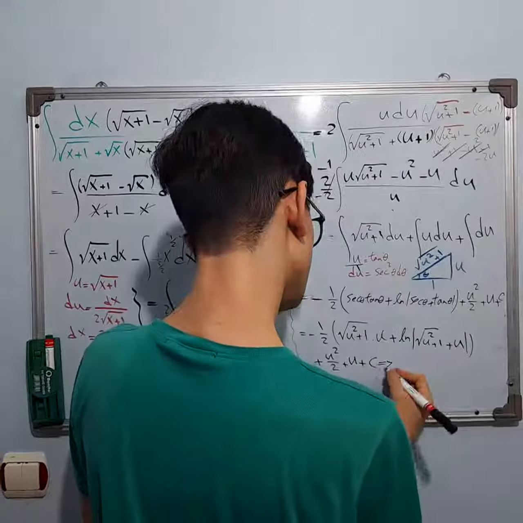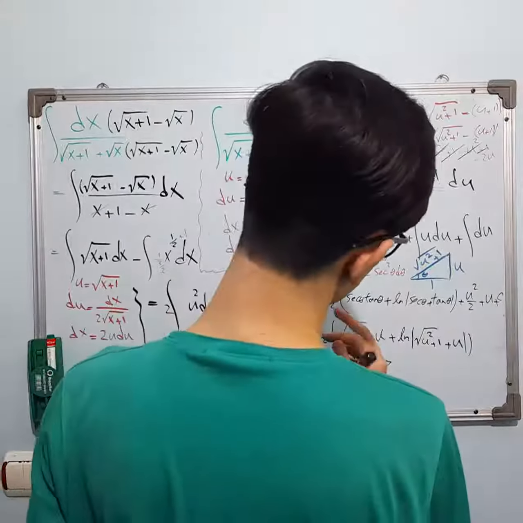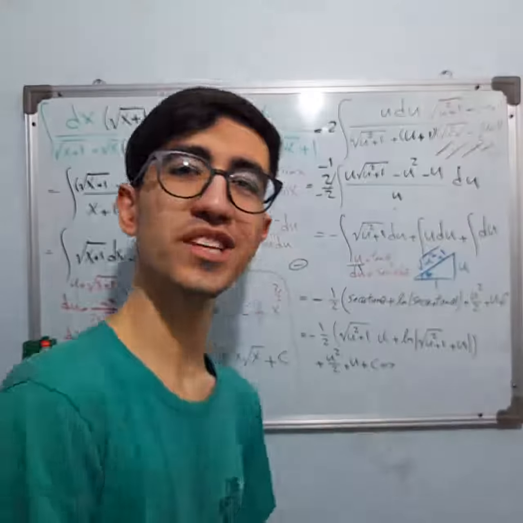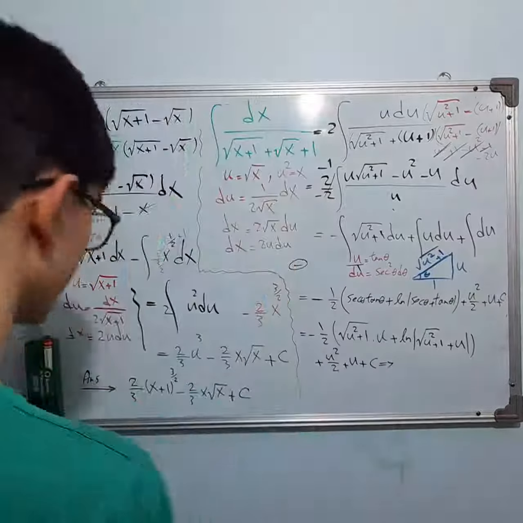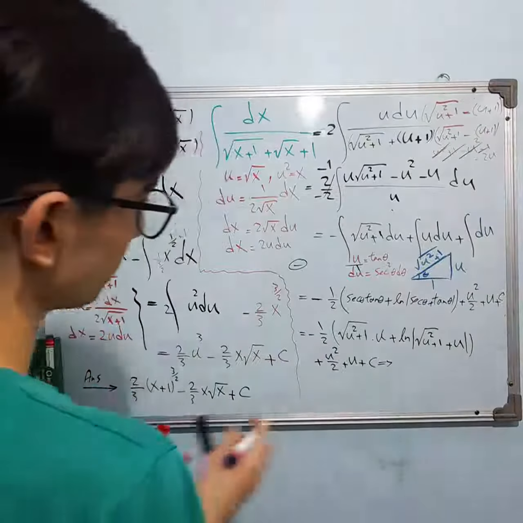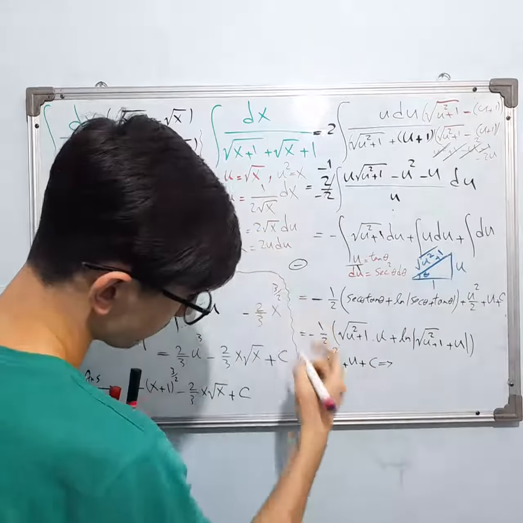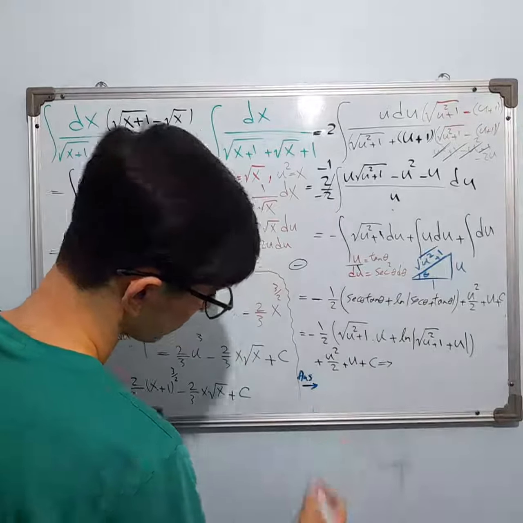Now what we need to do is just change it from the u word to the x word. Let me write it in blue. Okay, now it's almost done.